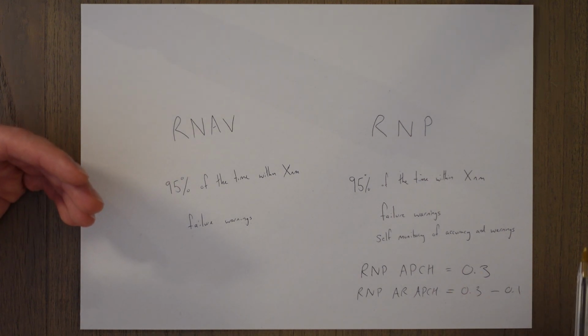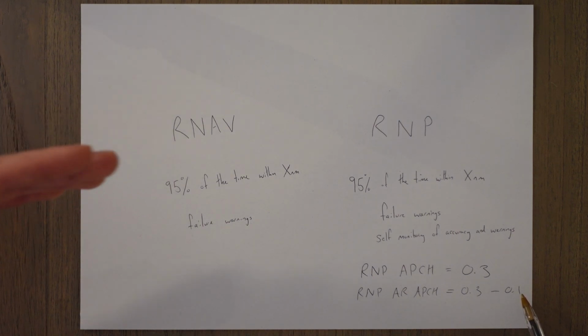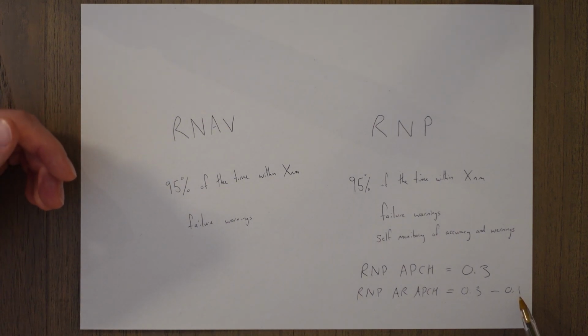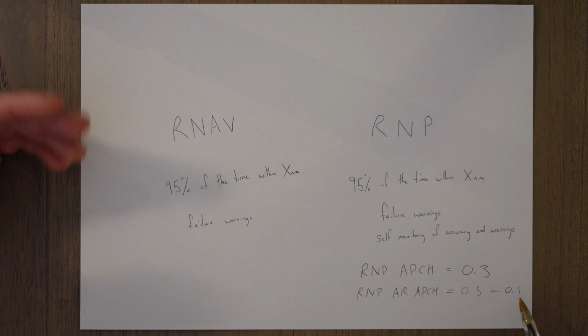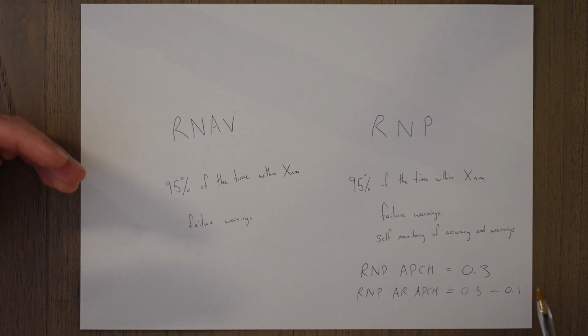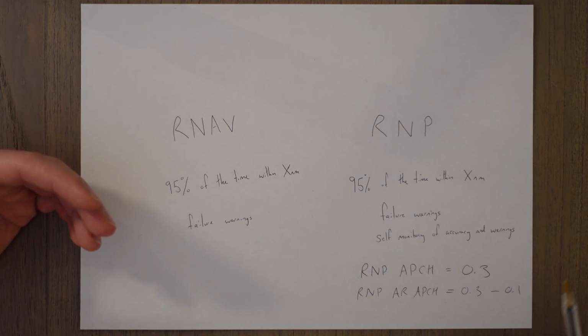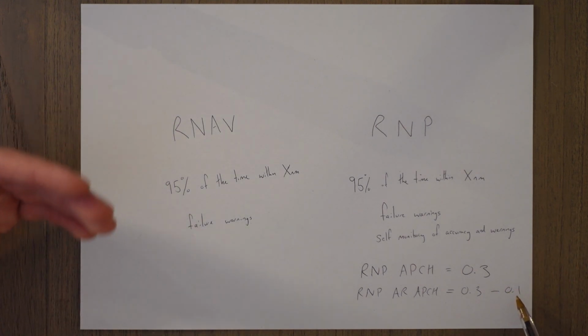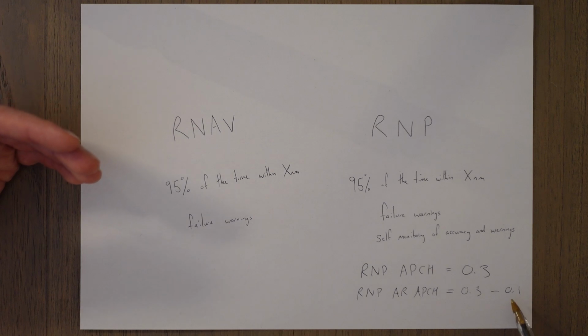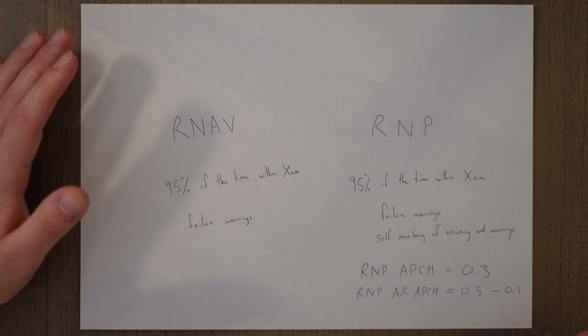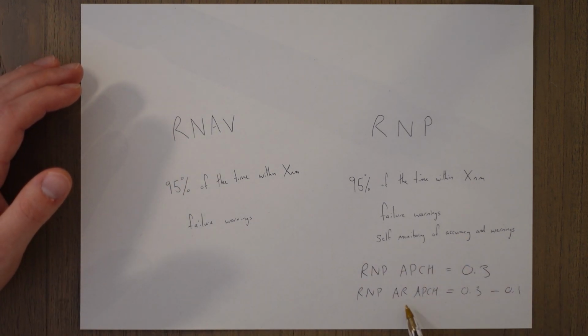So you might be coming in with a procedure that requires an RNP of 0.1. If your actual navigation performance is less than 0.1 in terms of its inaccuracy, then you're good to fly it. But if your actual navigation performance goes up to 0.2, you can no longer fly the RNP AR approach.